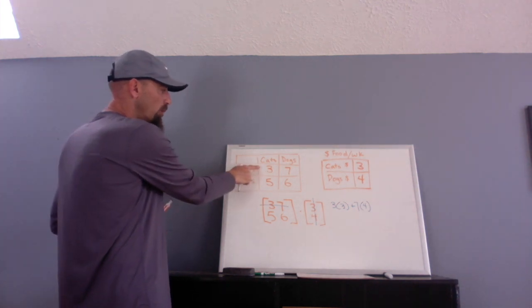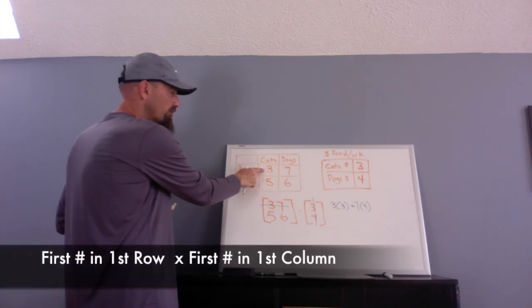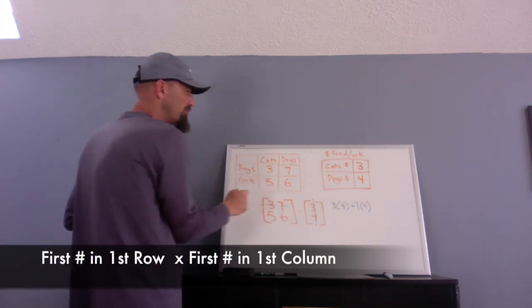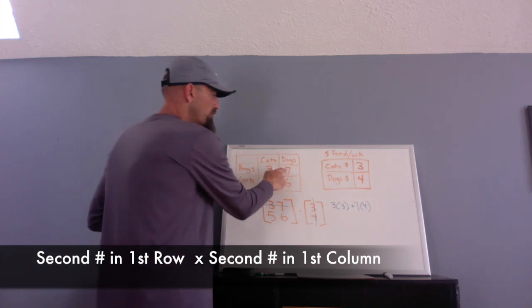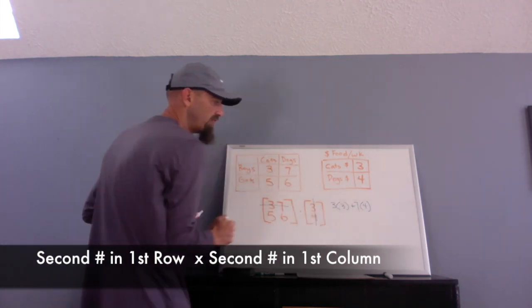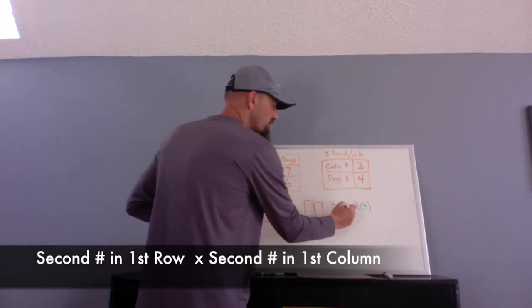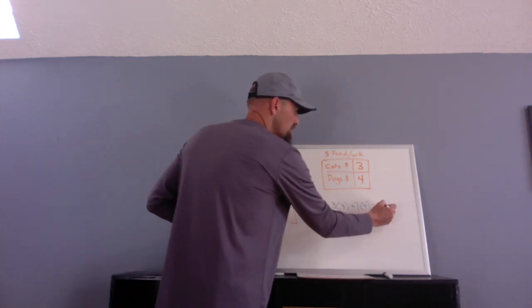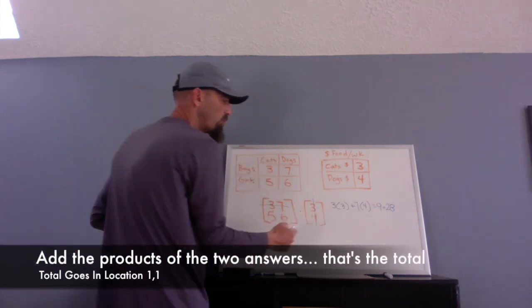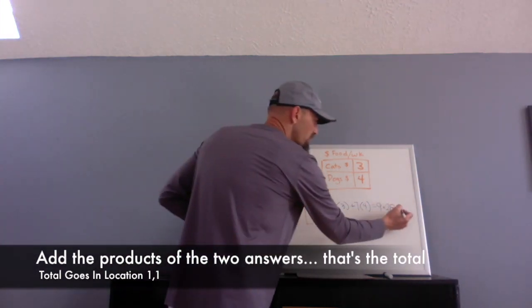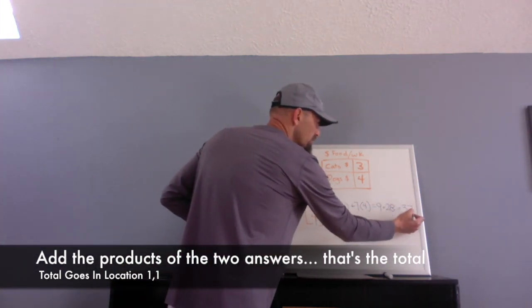The boys have to spend $3 for 3 cats. The boys also have to spend $4 for their 7 dogs. 3 times 3 is going to be 9, plus my 28, for a grand total of $37.